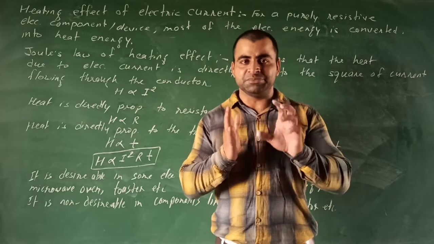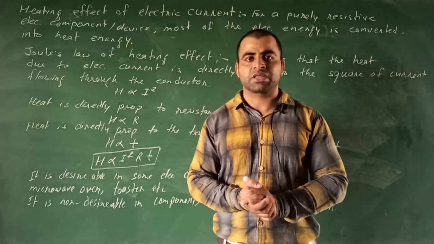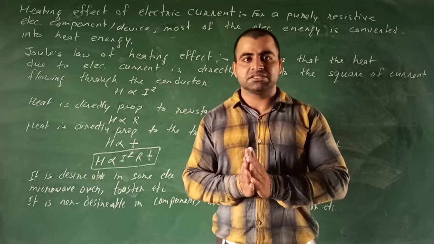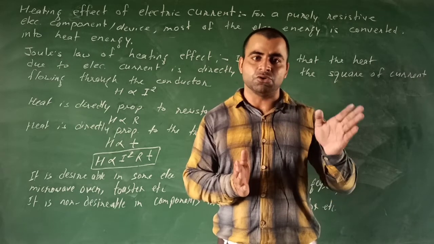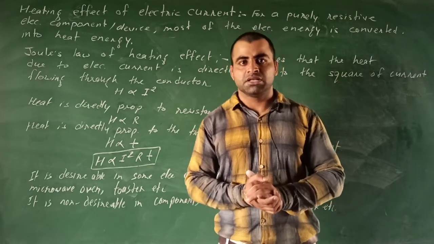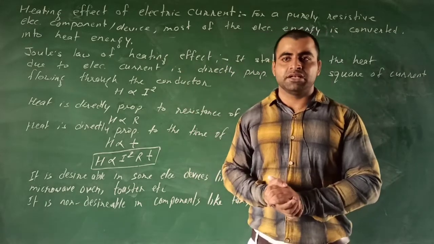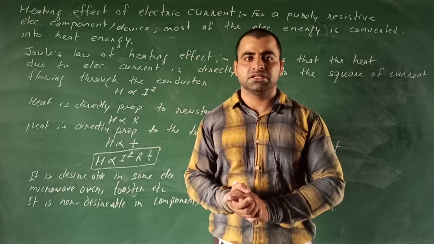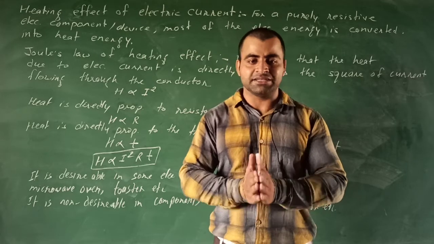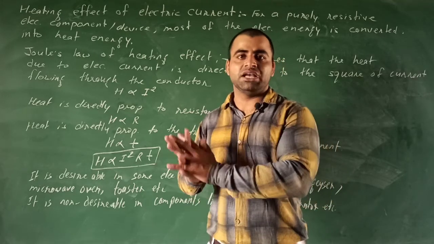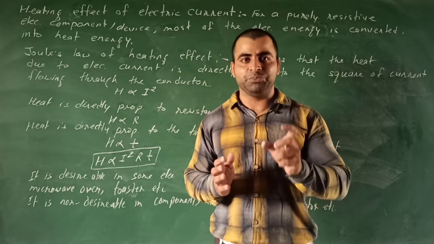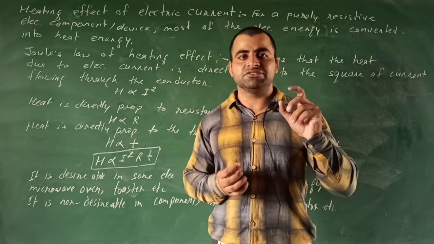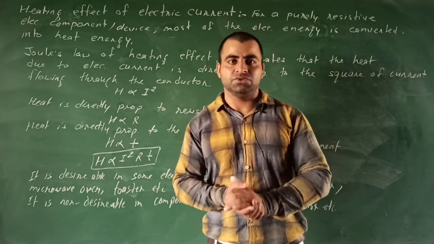Next, the resistance is maximum in a series combination. Next point is all the devices will not work if one of them stops working. Next, heating effect. When we pass current through any conductor, some of the electrical energy gets converted into heat energy. If the resistance is high, then the device is called a purely resistive device.